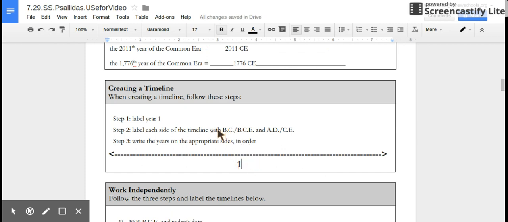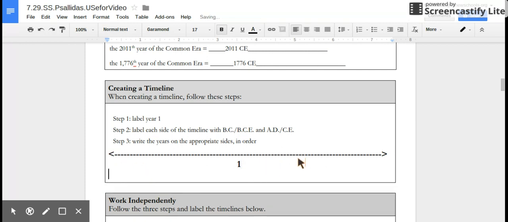And then you will always label step 2, each side of the timeline with BC or BCE and AD or CE. So go ahead and label somewhere over here. This is the BC/BCE side.